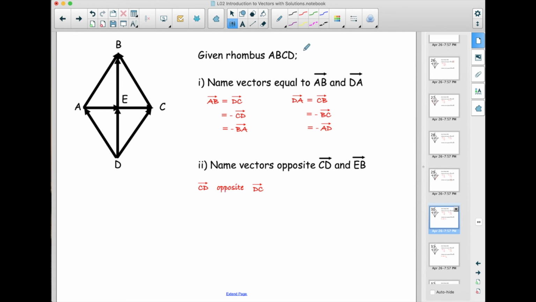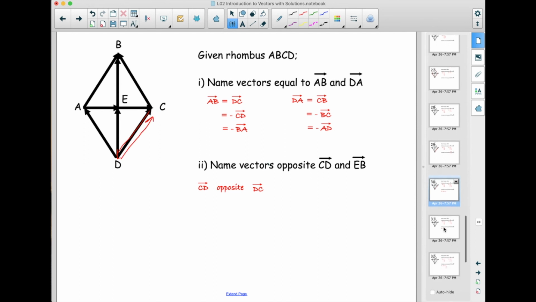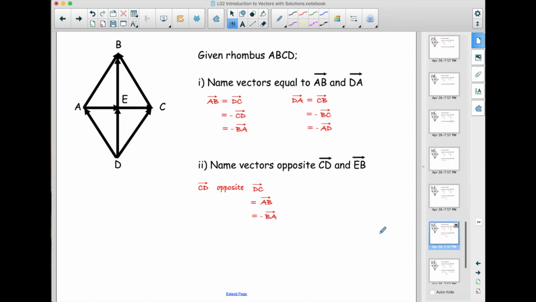I started by noting that CD is the opposite of DC, and then noting what DC would be. So CD is heading this way, and as I mentioned, we're after vectors that are going this way. So its opposite would be DC, and vectors that are equal to DC would be AB. So AB is the opposite vector of CD, and then we could also play the game of the opposite of its opposite, and that is going to give us negative BA.